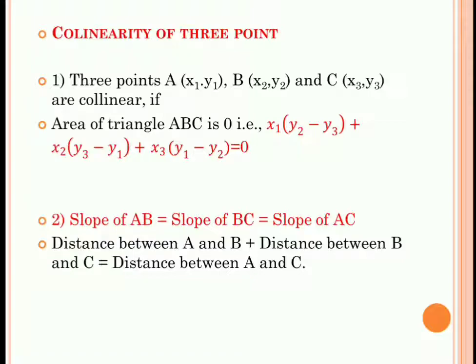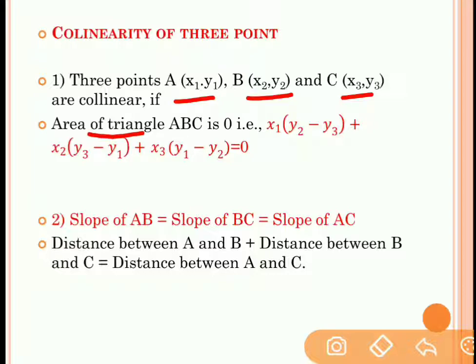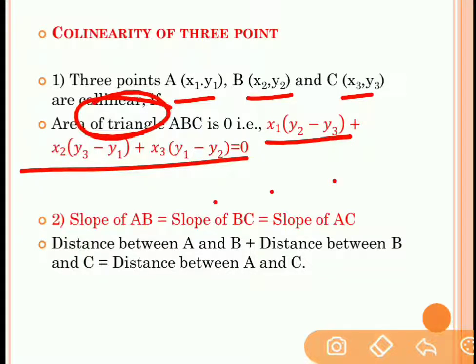Collinearity of the 3 points. Given that there are 3 points A, B and C, we need to check whether these 3 points are collinear or not. To find whether these 3 points are collinear or not, you have to find the area of the triangle. We already know the formula for the area of the triangle. If the area of the triangle is 0, it means what? These 3 points are not forming a triangle, they are collinear.